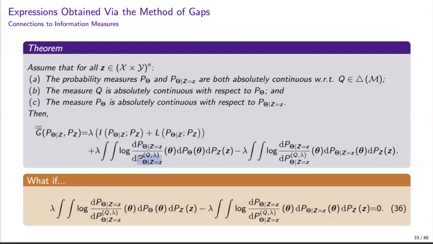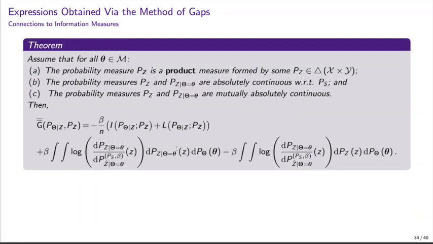So this Radon-Nikodym derivative will become 1, logarithm of 1 is 0, so this becomes 0. And then we conclude a result that has been already found by Gholamali Aminian and his team, right? That the generalization error of the Gibbs algorithm is exactly the mutual information plus Lautum information.